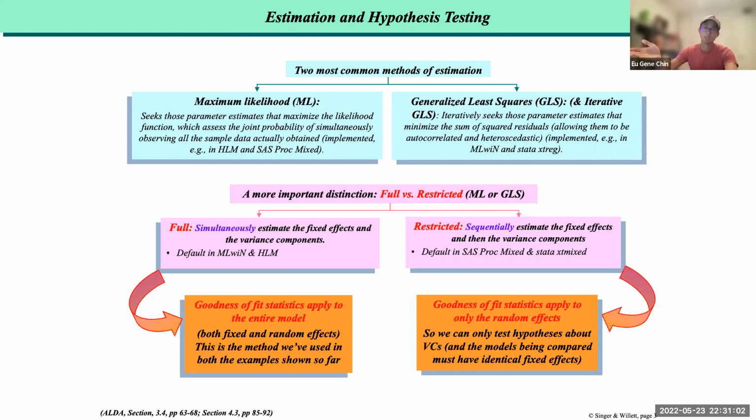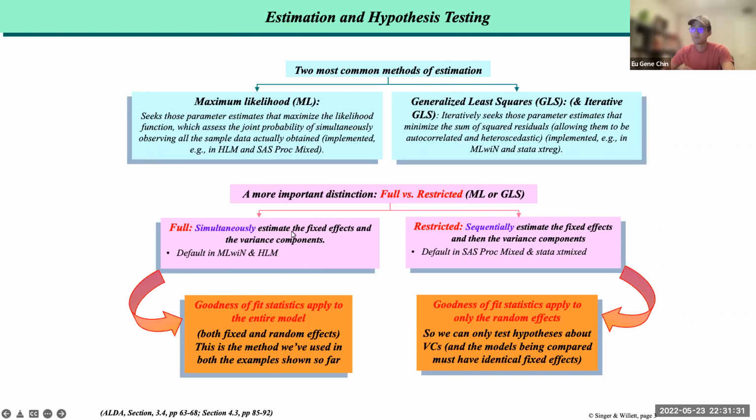And so we're going to be using full maximum likelihood for our parameter estimates. The reason why I personally prefer the full approaches is because of goodness of fit statistics later on. Goodness of fit statistics are basically global indices that give you a global sense of how well your model is able to account for the variation in your data set.